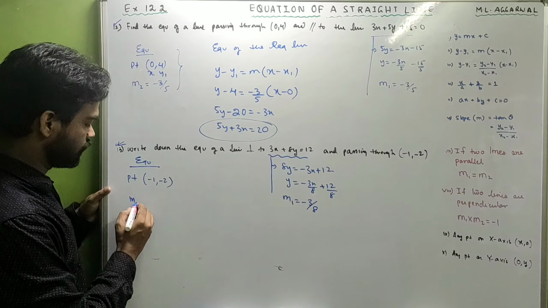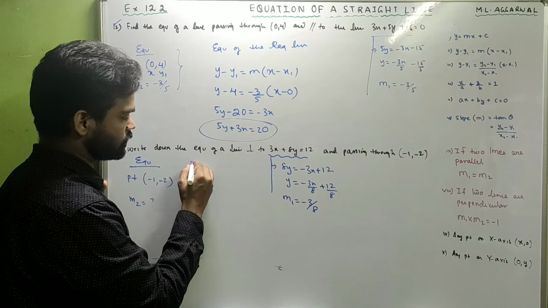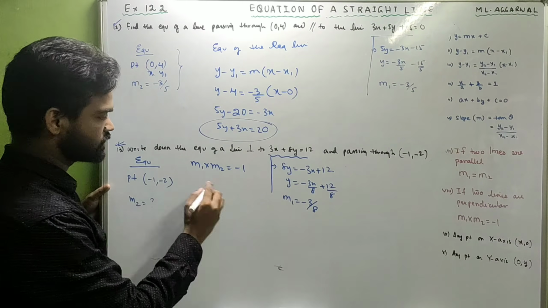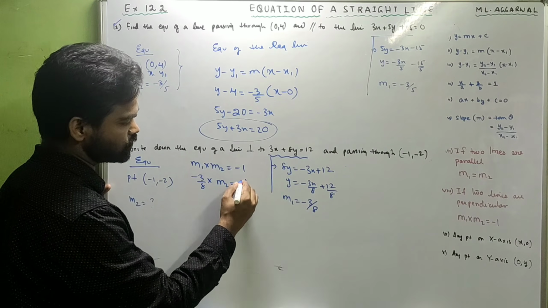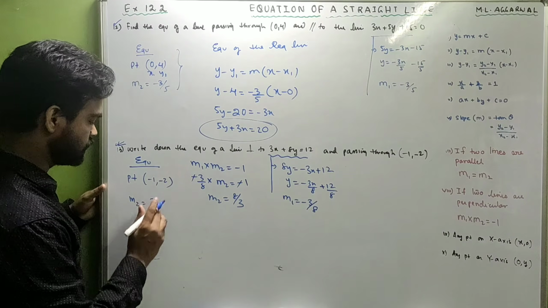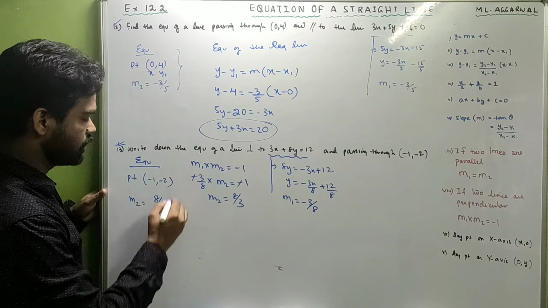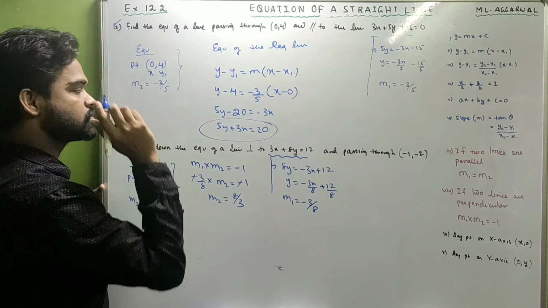Now they are perpendicular, so suppose this is m2. Then the product m1 multiplied by m2 will be -1, which means -3/8 multiplied by m2 is -1, which means m2 is 8/3. Now we have a point, we have the slope, so we'll use the point-slope form.